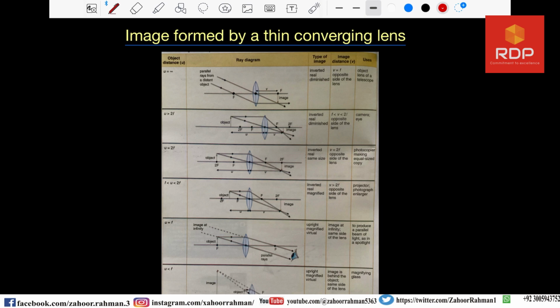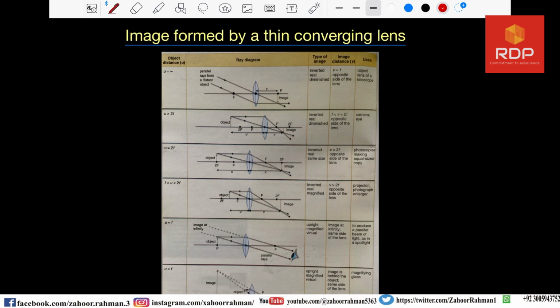You have to understand it first. We will discuss that if the object is at the focal length, then where the image will form, and what the characteristics of that image will be. Similarly, where we can use these techniques.